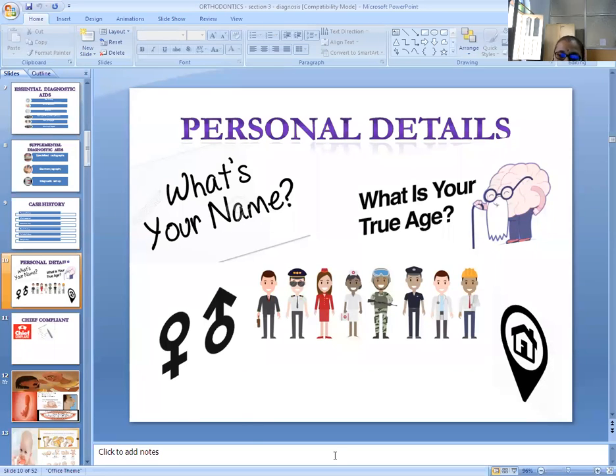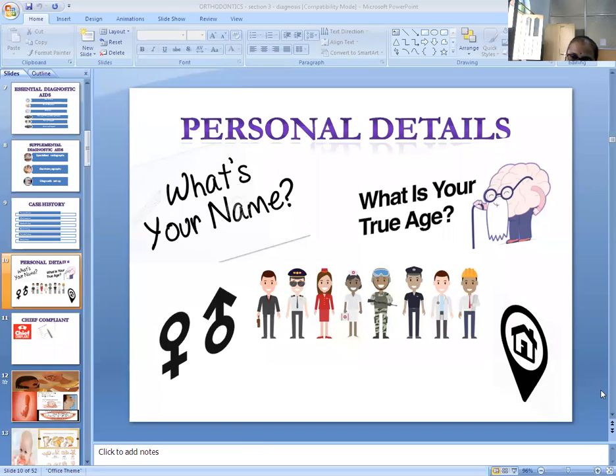Okay. So by knowing the occupation of the parents, you will become familiar with their socio-economic status. If the patient's parents are well to do, that means they earn well enough, so you can suggest treatment plans which are more costly.